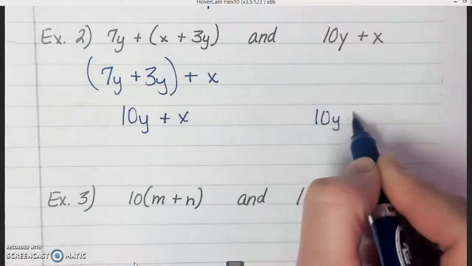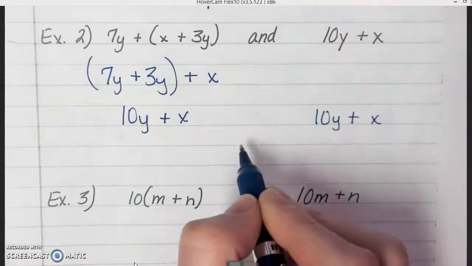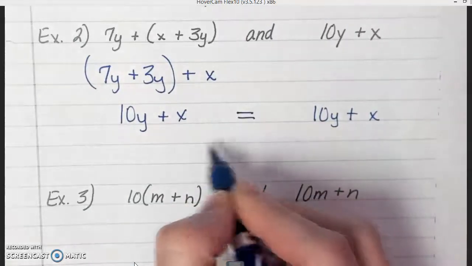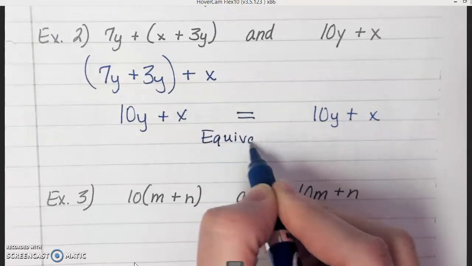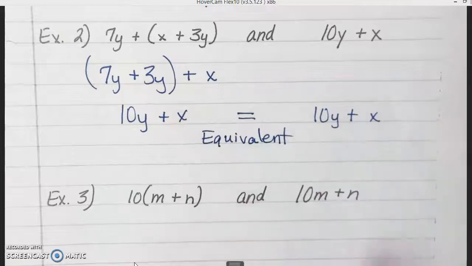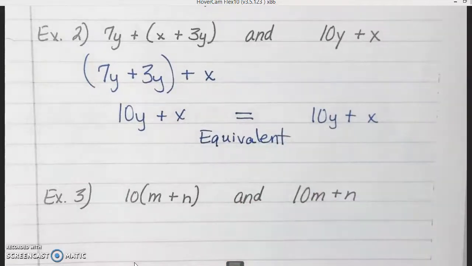So are these equivalent? They're equal, right? So these are equivalent. Does anybody have a question about that? I can pause it if you have a question, if you raise your hand.